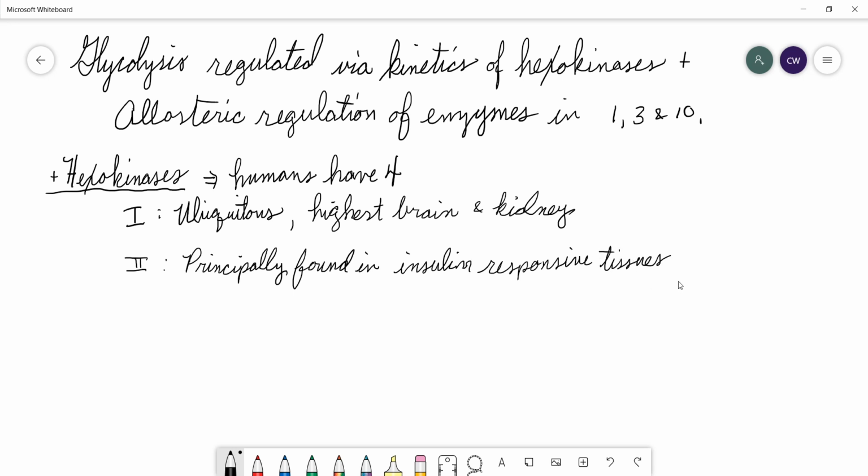Those would be skeletal muscle and the adipose tissue.